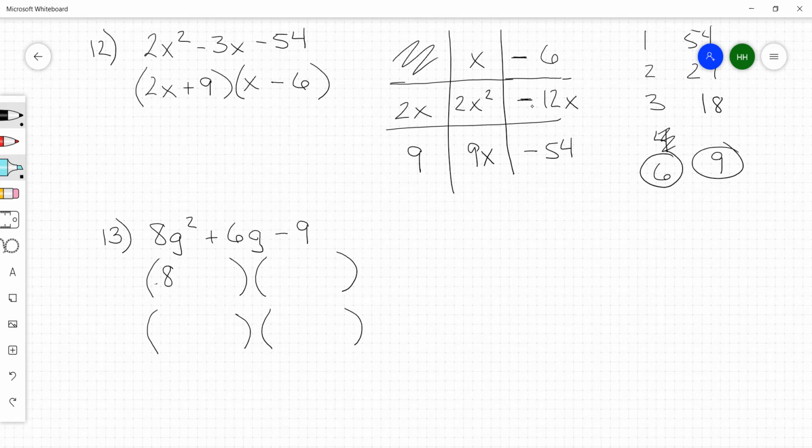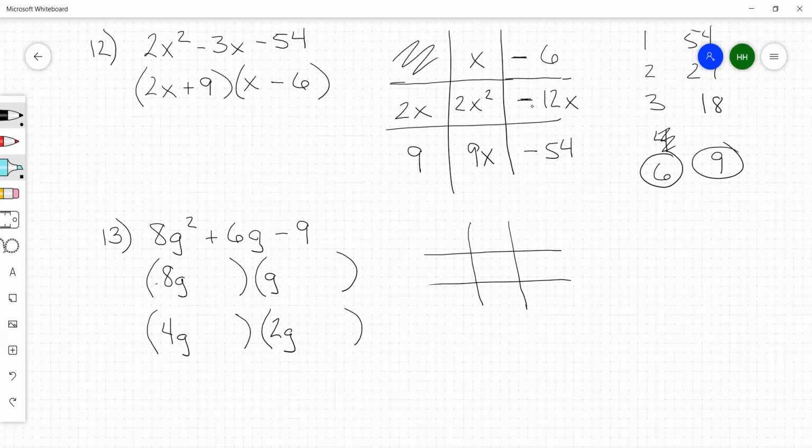This could be an 8g and a g. This could be 4g and 2g. And with a 9, I'm going to do a table here. 9, luckily, you don't have a whole lot of options. You got 1 and 9 and 3 and 3.